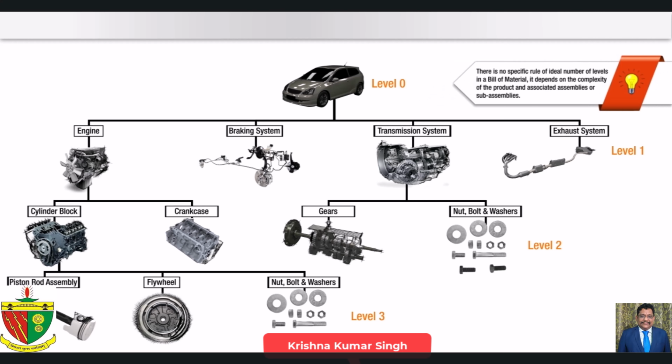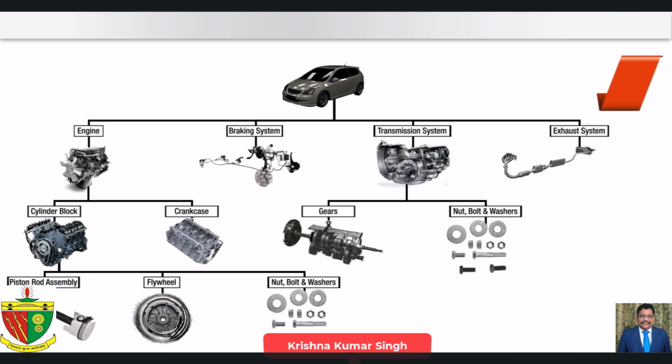Note, there is no specific rule of ideal number of levels in a bill of material. It depends on the complexity of the product and associated assemblies or subassemblies. However, higher number of levels in a bill of material leads to complexities in managing bill of material.